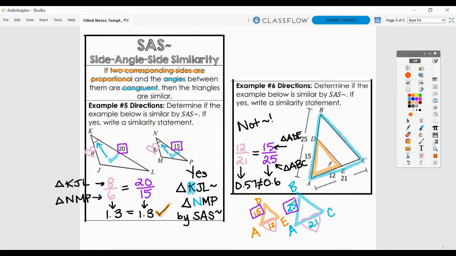It would be angle A here between the two sides because angle A was the same angle in both. It was a shared angle because the triangles were in each other, but both had that same exact measurement for angle A. So I just wanted to point that out, but these were not similar because these sides were not proportional to the corresponding ones.